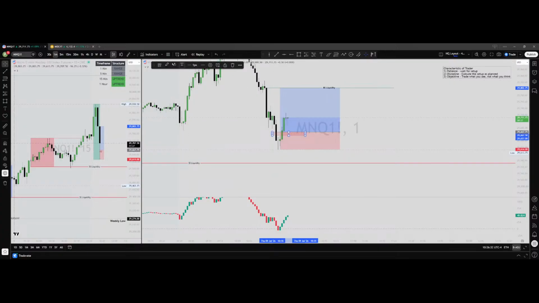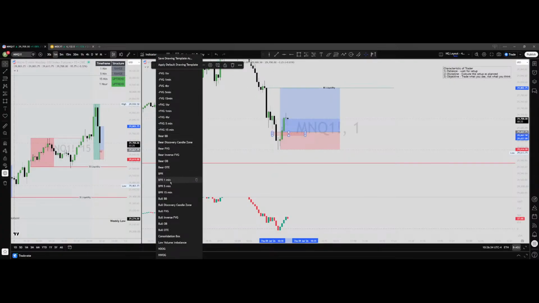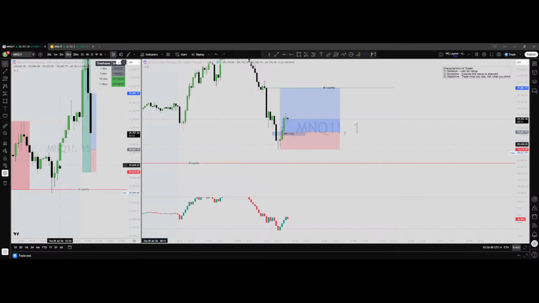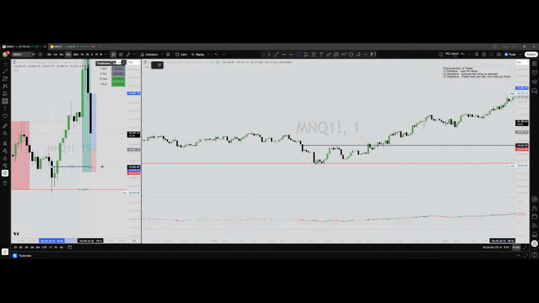As this is a 1 minute BPR, CVD is supporting the signal. It is tapping into a small 15-minute fair value gap right here. So that is a level of interest. We were looking bullish.